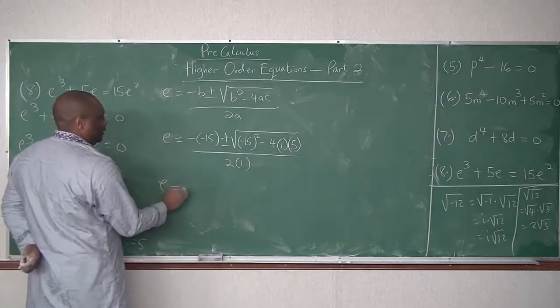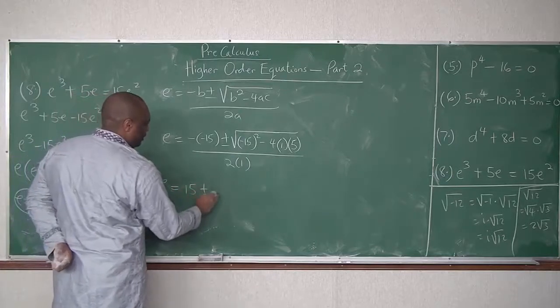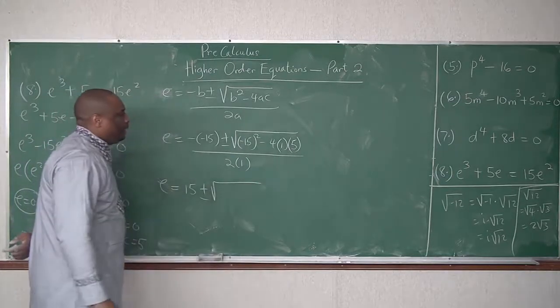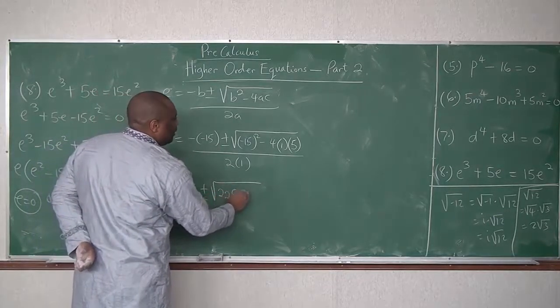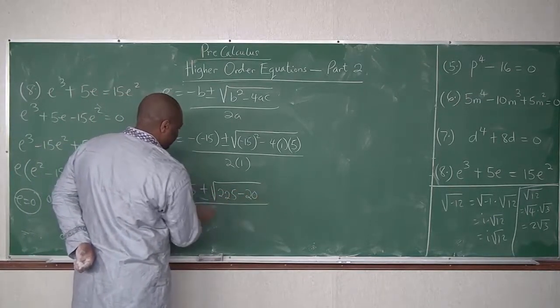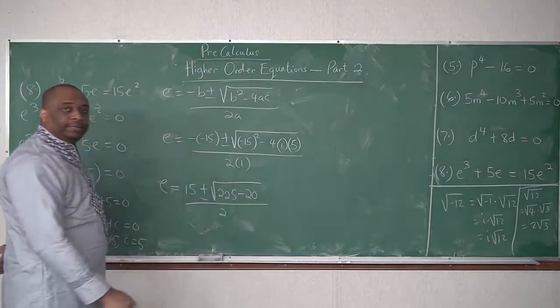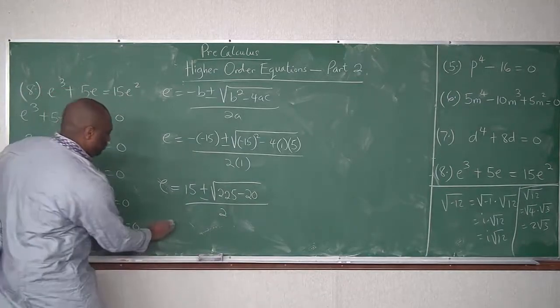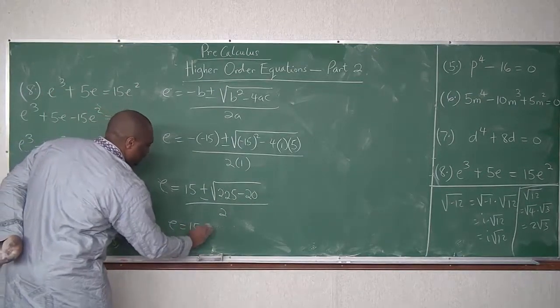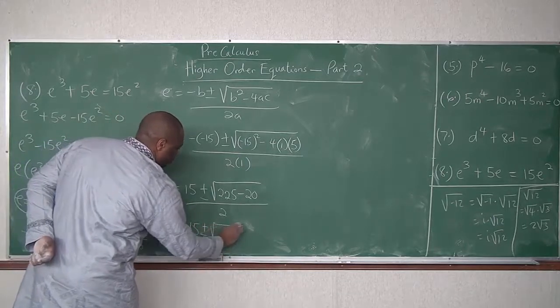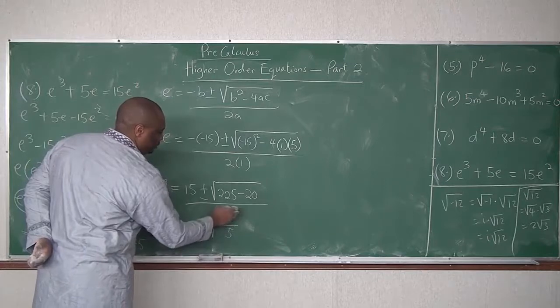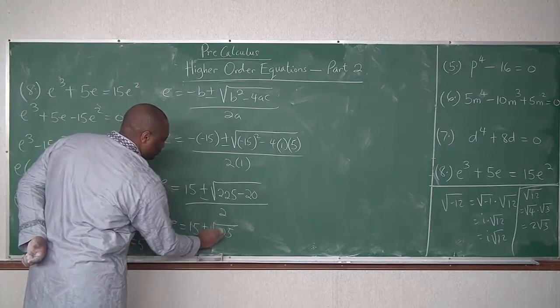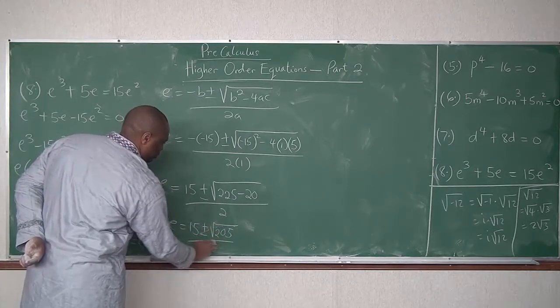So it will be 15 plus minus square root of this is 225. 225 minus 20 over 2. Right? So it will be 15 plus minus square root of 205 over 2.